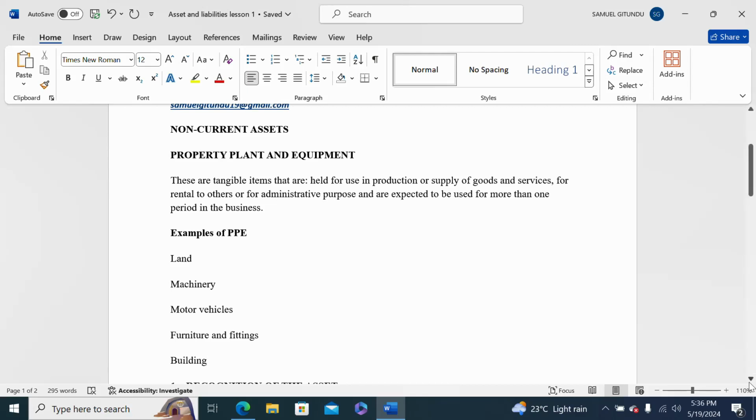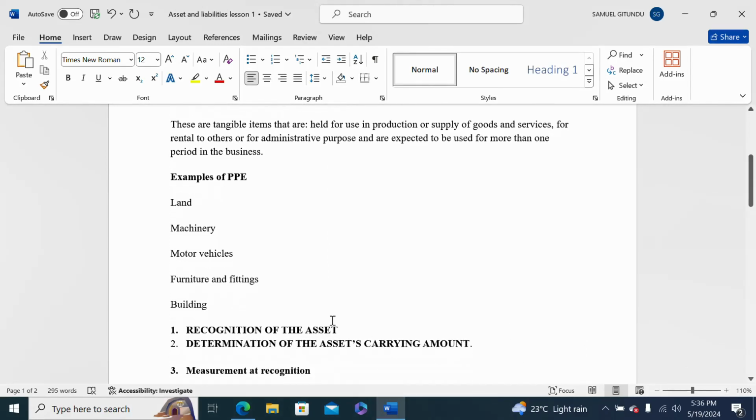Then we go on, how do you recognize an item of property, plant, and equipment as an asset?